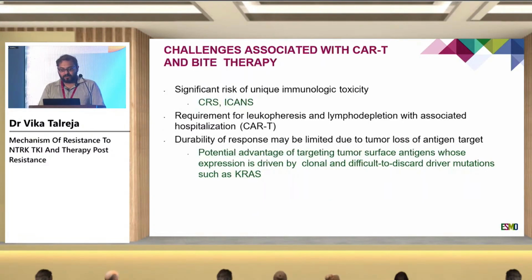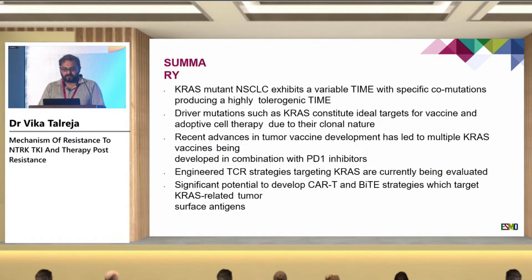And that's why there are unique immunological toxicities, with cytokine release syndrome and ICANS associated with it. To summarize, KRAS is a variable target, and specific co-mutations make a highly tolerogenic tumor. Driver mutations such as KRAS constitute ideal targets for vaccine and adoptive cell therapies due to their clonal nature.